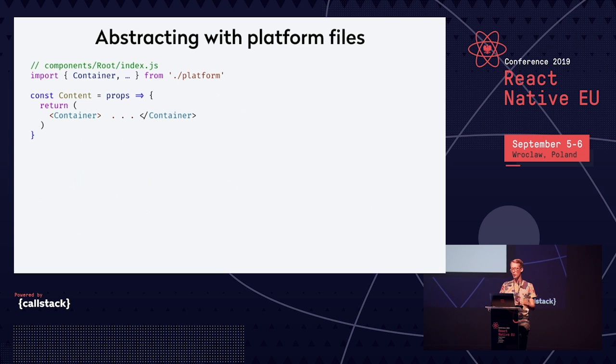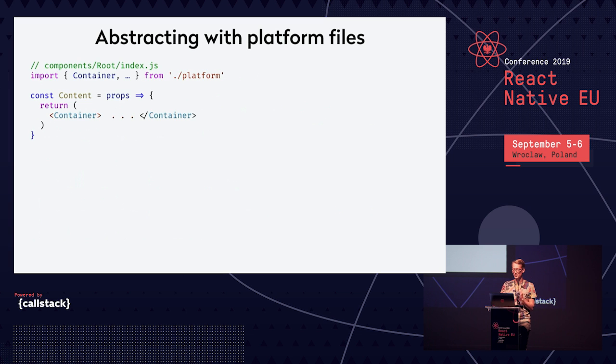The third approach is what we call platform files. So for example, in the root component, you'll probably have a lot of shared code, like context providers and shared logic and hooks or something like that, but also big differences, like the layout is completely different on the web and native.